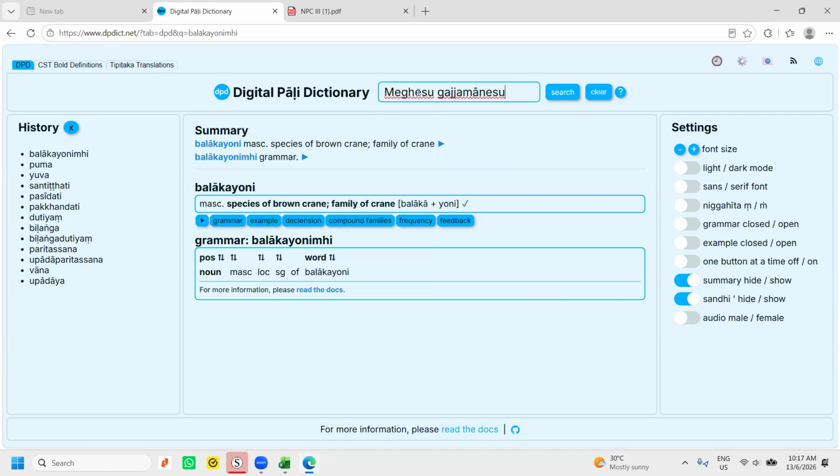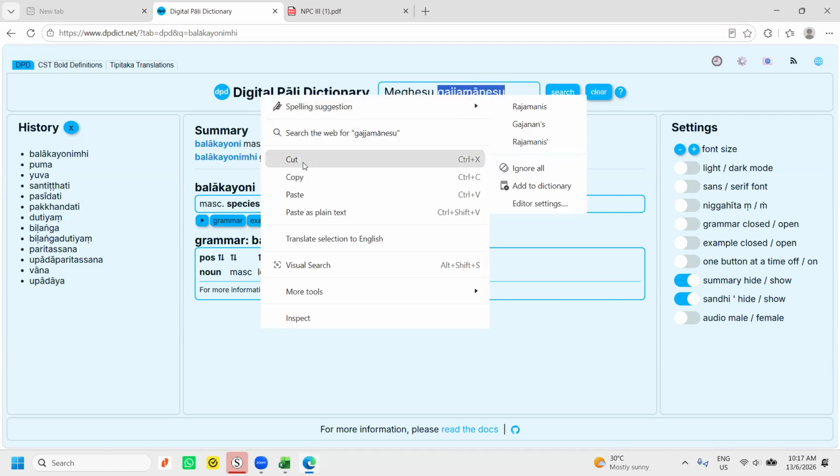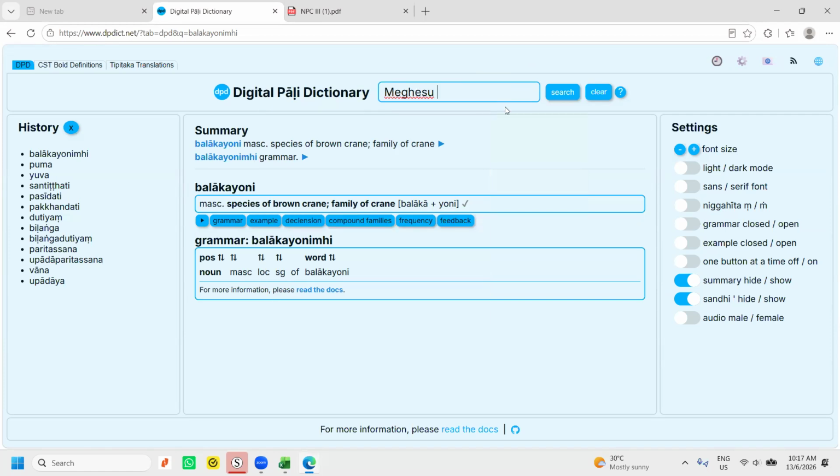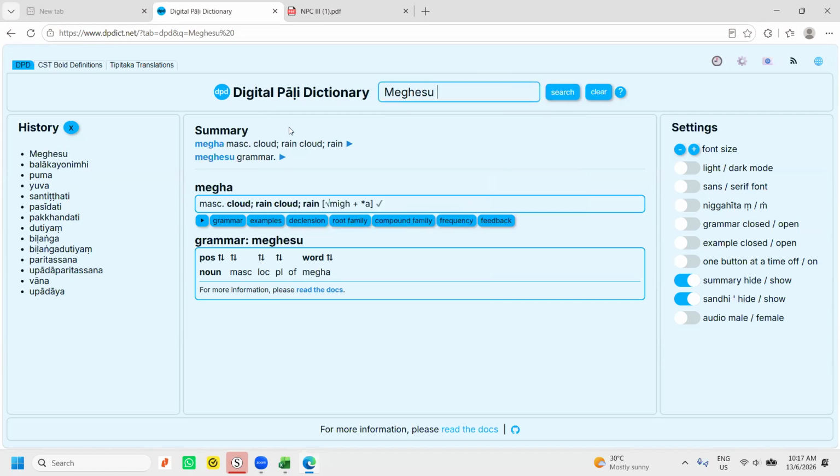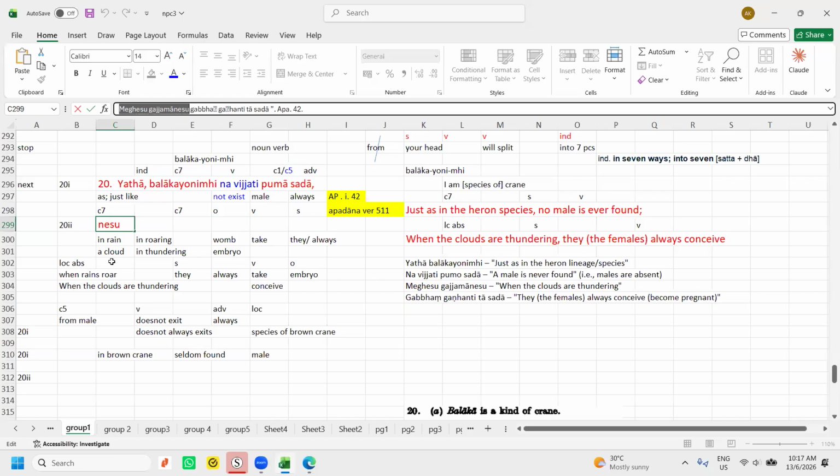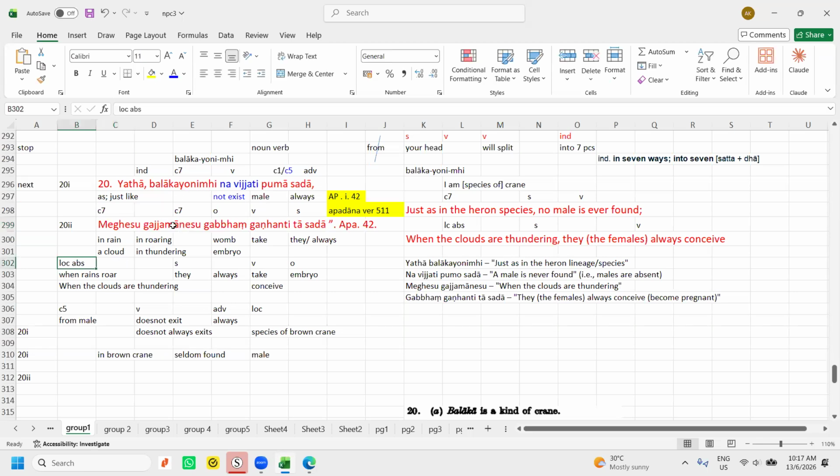We take this one first. I copy this out first. Okay, so the word mega means cloud or rain. If you look back here we see cloud. All right, cloud. And then we look at this word.